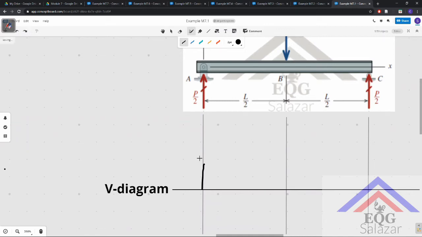Maybe I will change the color. So we have P over 2 here, and that's constant from here to here. Maybe I'll just use this line function here.